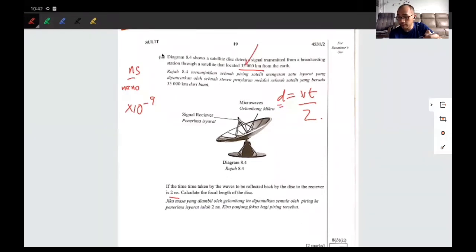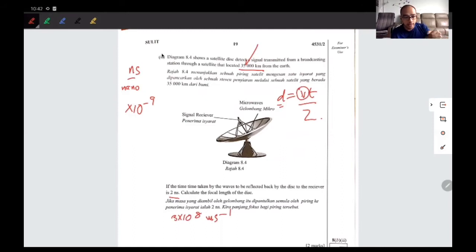Okay, sorry. No. Focal length of the disk. Oh, hold on. Okay, so the velocity of the wave is 3 times 10 to the power of 8 meters per second, because all electromagnetic waves move at the speed of light, which is 3 times 10 to the power of 8.